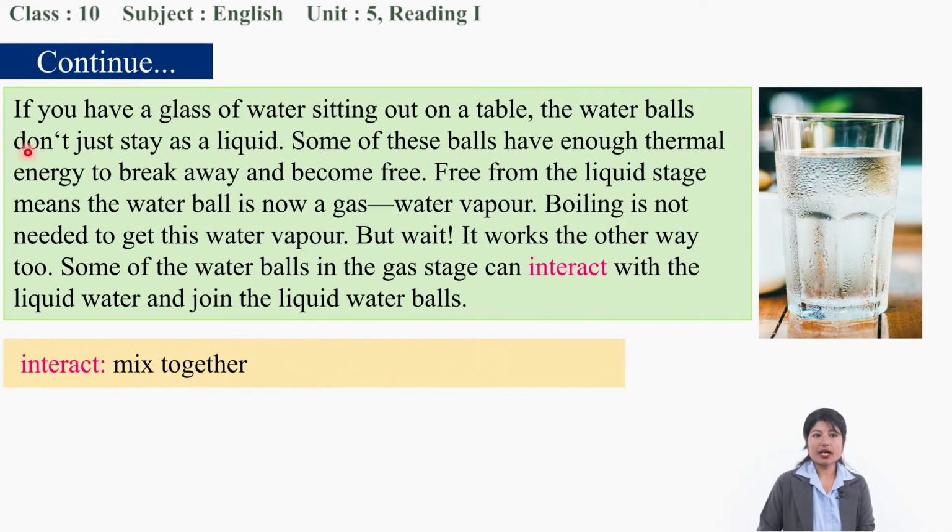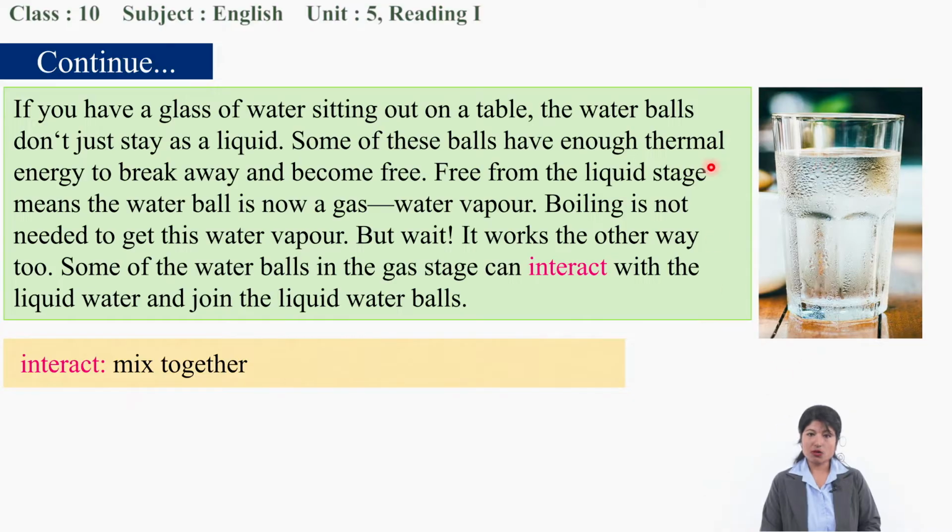Then let's talk about a glass of water sitting out on a table. The water balls don't stay as a liquid all the time. Some of these balls have enough thermal energy to break away and become free.